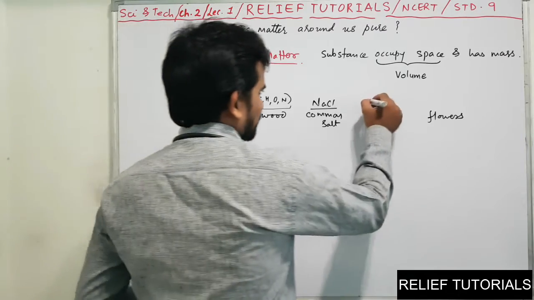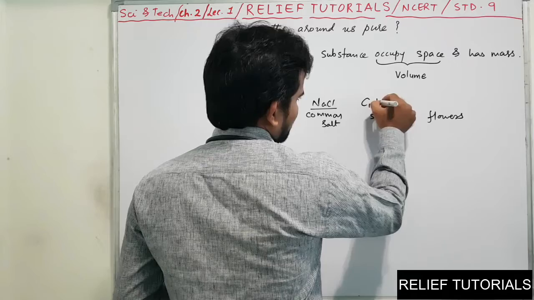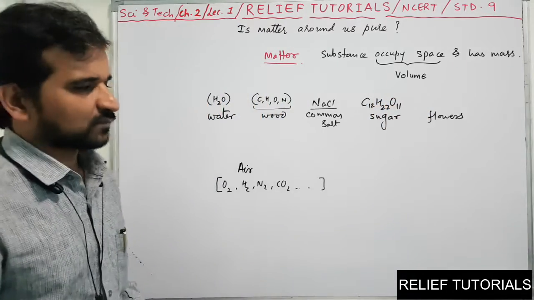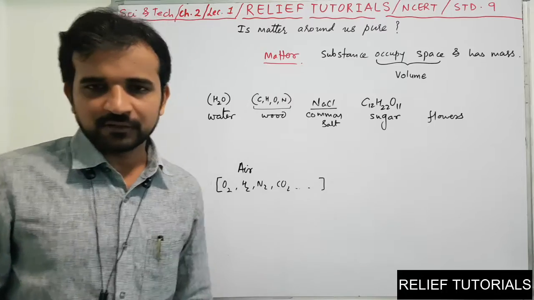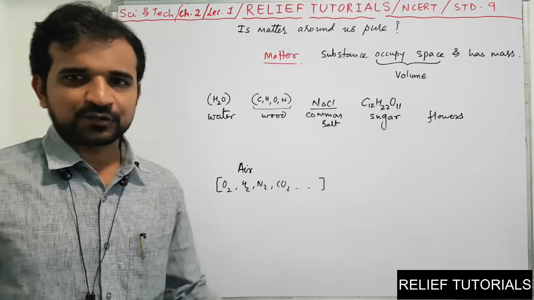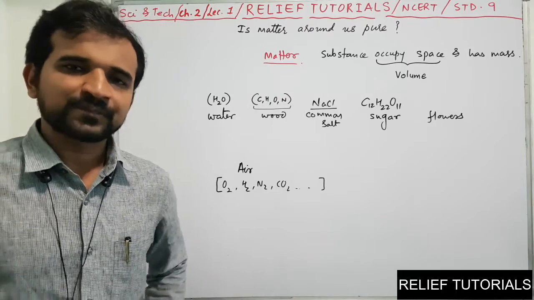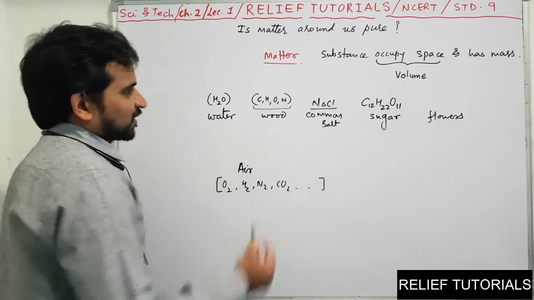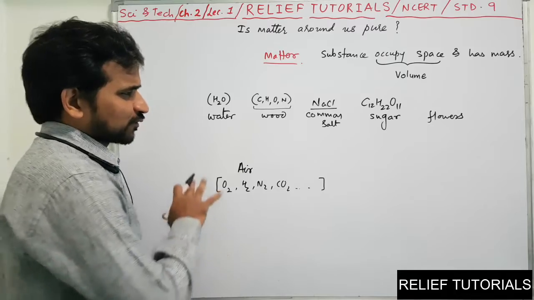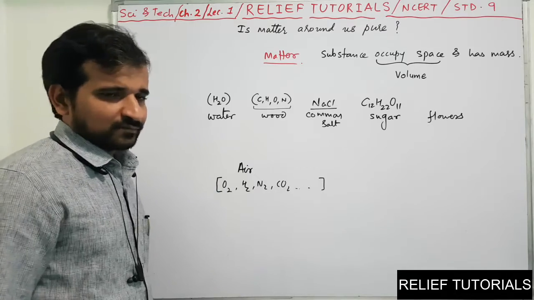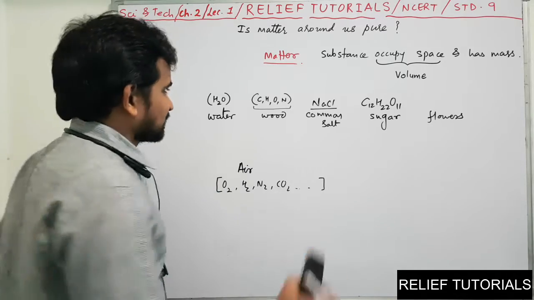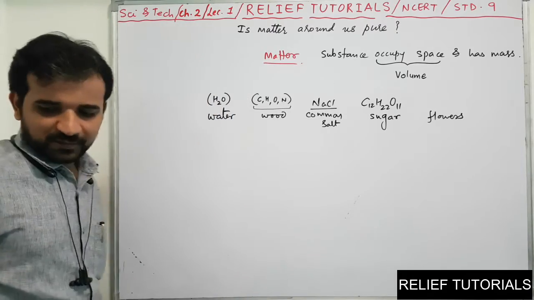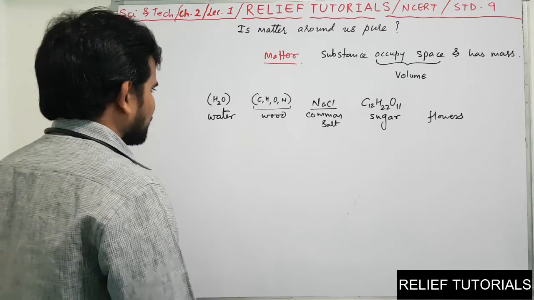Sugar, having the chemical formula C12H22O11. There is no particular formula for flowers, fruits, vegetables. They are the mixture of proteins, vitamins, carbohydrates, and etc. So these are some examples of matter. Many more things you can add. So matter means the substance which we see around us, which occupies space and having mass.